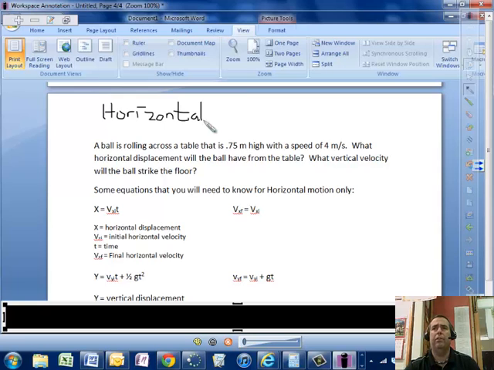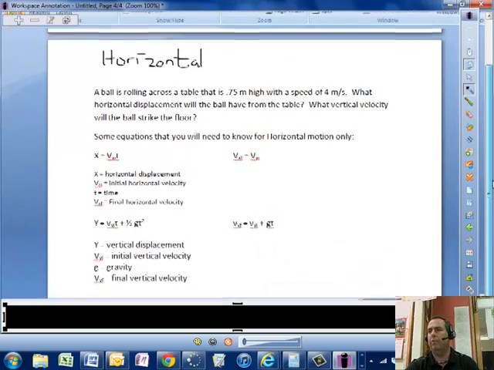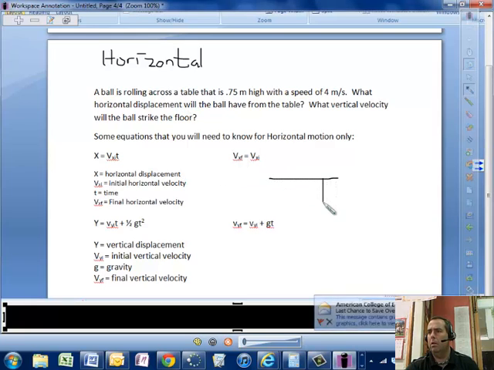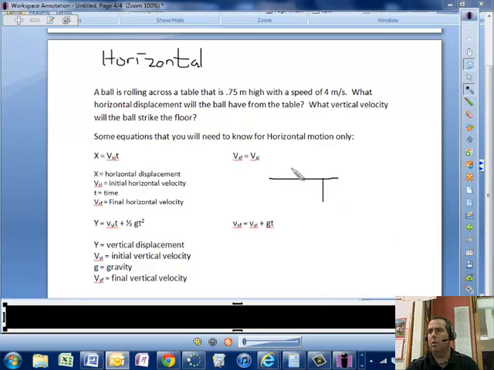If we look at this sample problem, it says a ball is rolling across a table that is 0.75 meters high. Let's draw our table here. So here's our ball moving across the table at 4 meters per second.